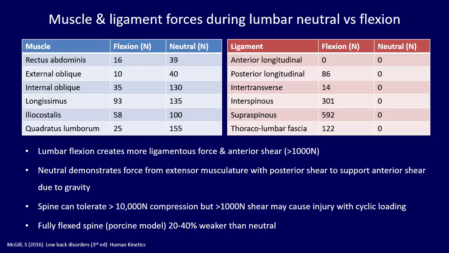In this study by McGill 2016, we're comparing the difference between muscle and ligament changes. So remember, we said that in the normal position the lumbar spine has an inward curve, a concave curve. That is defined as the lumbar lordosis.